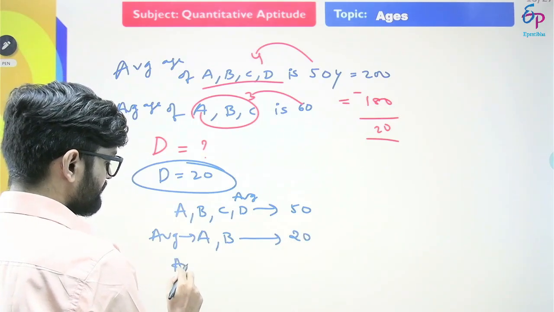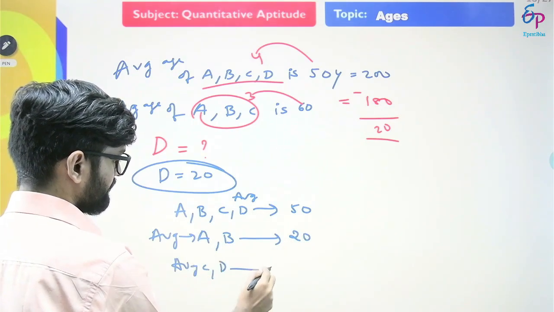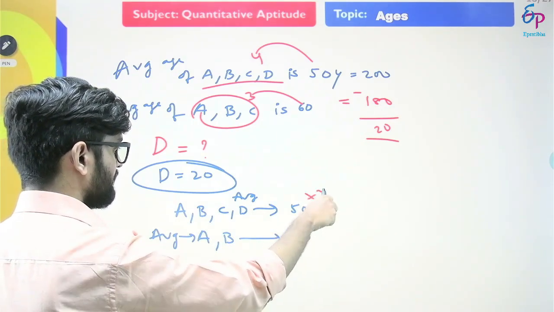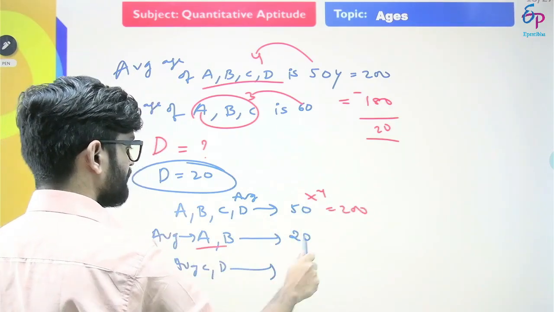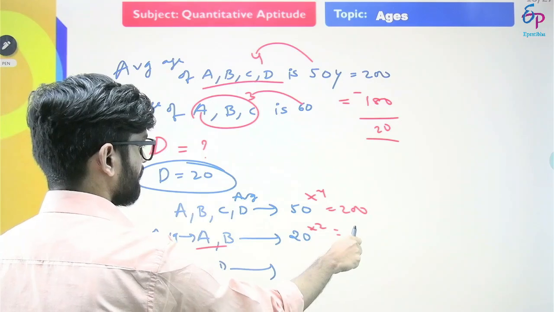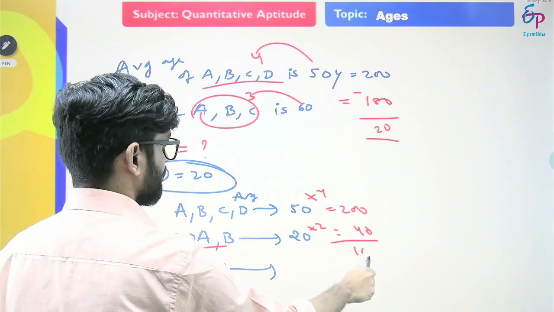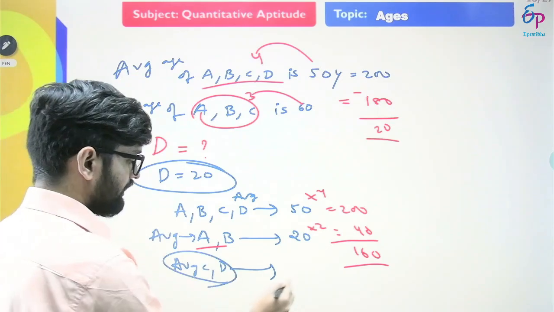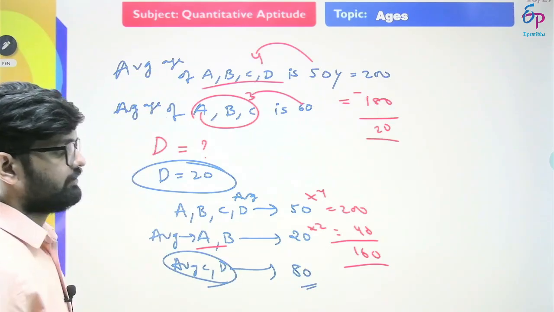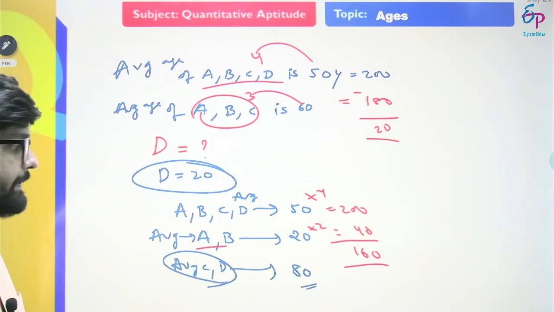What is the average of C's age and D's age? Suppose. Now 4 members times 50 means this is 200. The 2 members times 20 means this is 40. Total is 160. 160 is the total age, right? I am asking the average age. The average age will be 80.